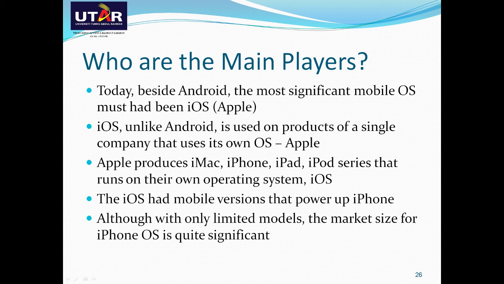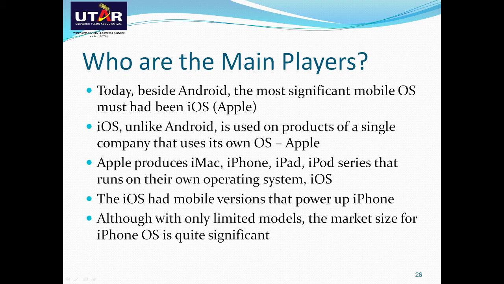Before we come to an end, let's look at the last aspect that we have to look at. We know that there are some main players since Chapter 1 in the mobile application development field.